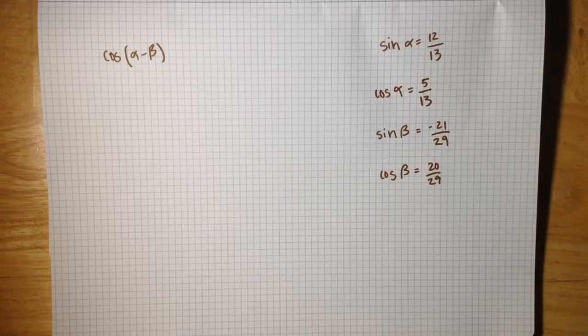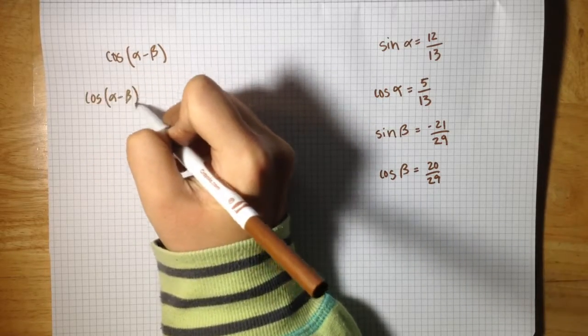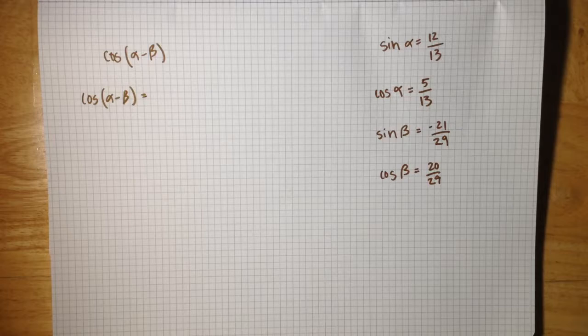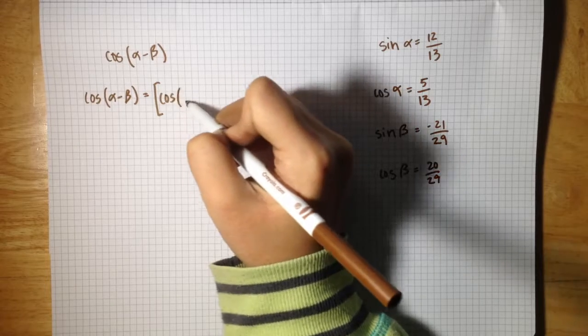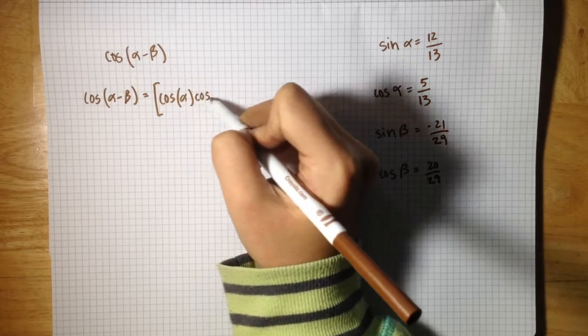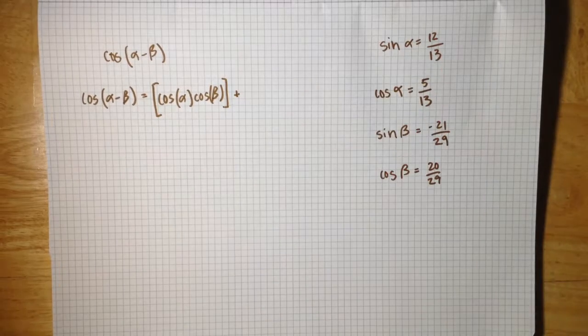So the second part of the original question was cosine of alpha minus beta. To solve this, I'm going to use the equation: cosine of alpha minus beta is equal to the cosine of alpha times the cosine of beta plus sine of alpha times sine of beta.